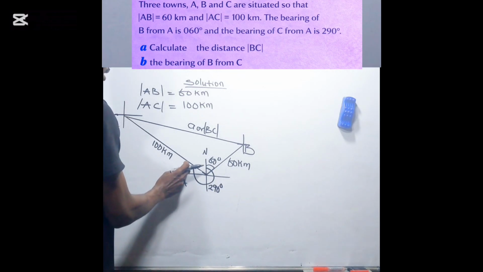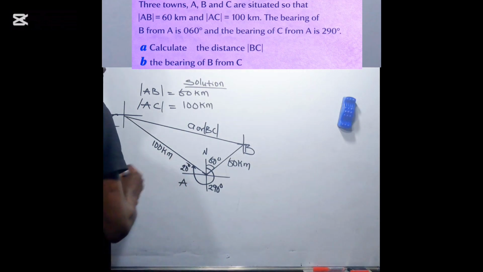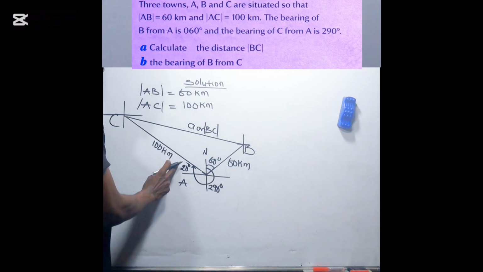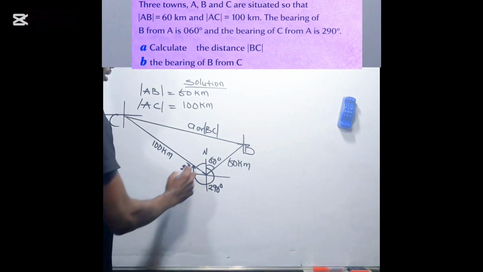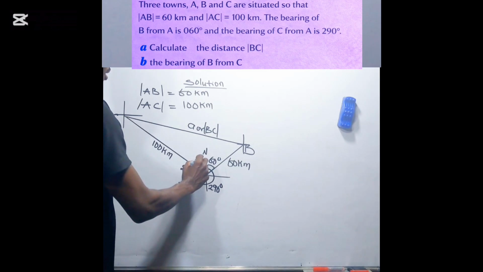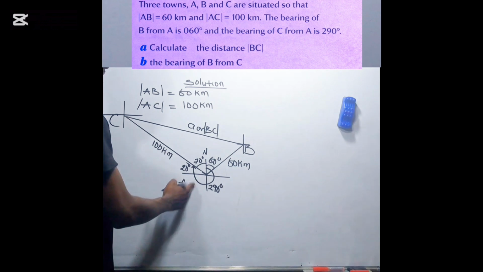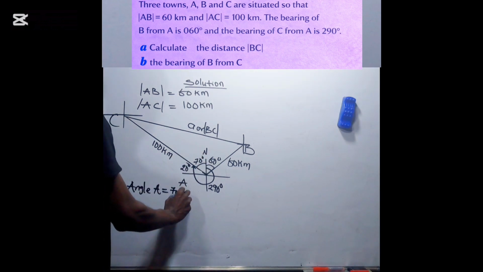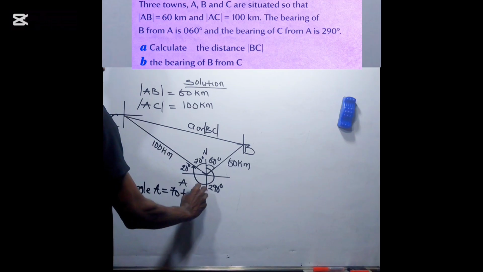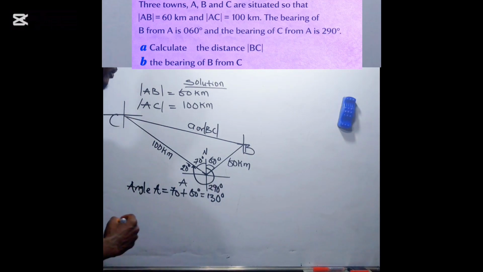It means in here is 20 degrees. If this is 20 degrees, the complementary angle is 70 degrees. So we have angle A to be 70 plus 60, which is 130 degrees.